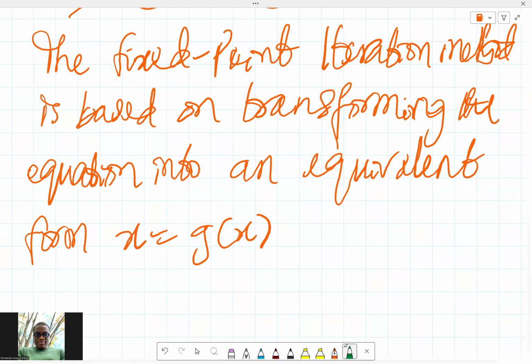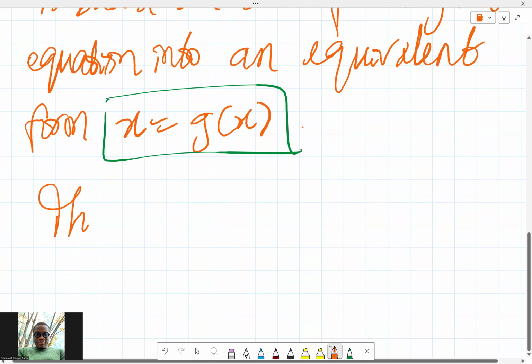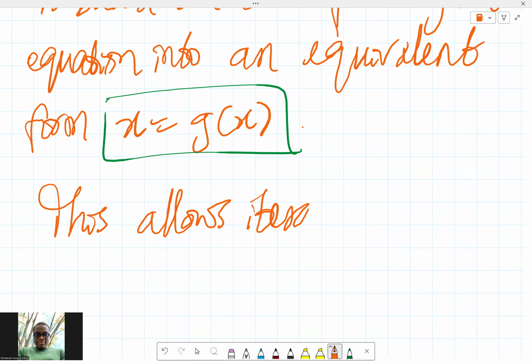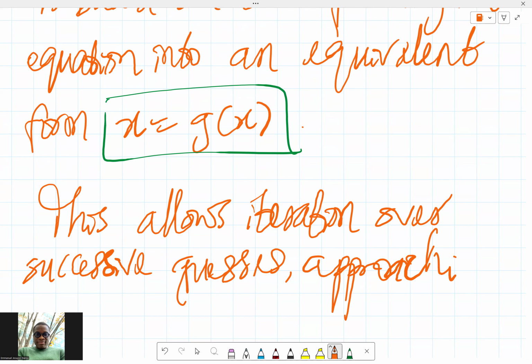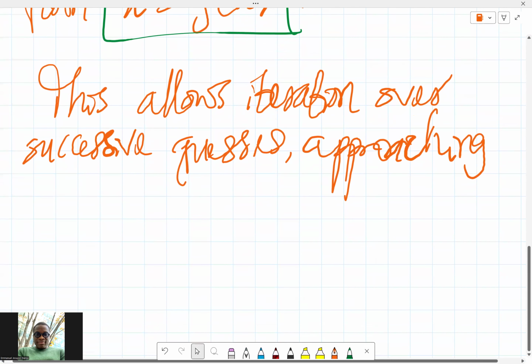This is like the key part of this. x equals g of x. All right. So this allows iteration over successive guesses, approaching the solution.